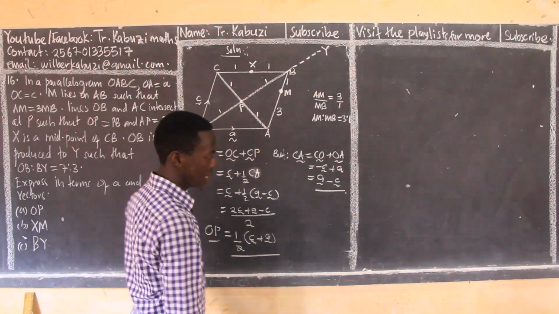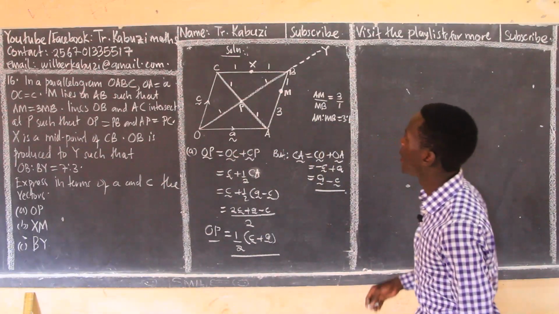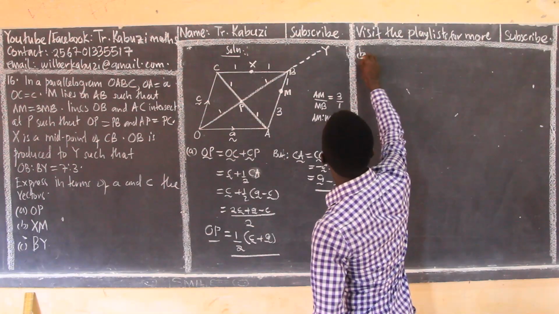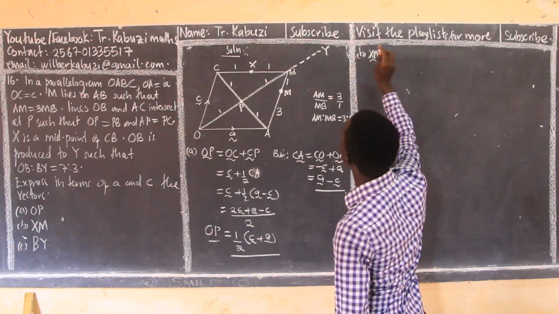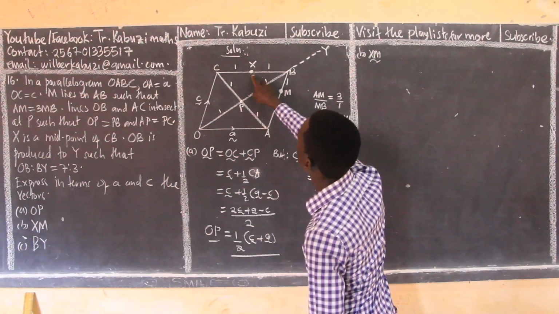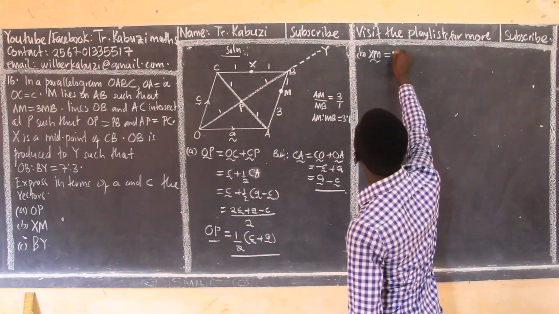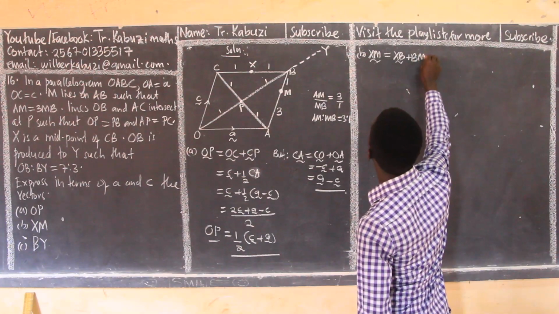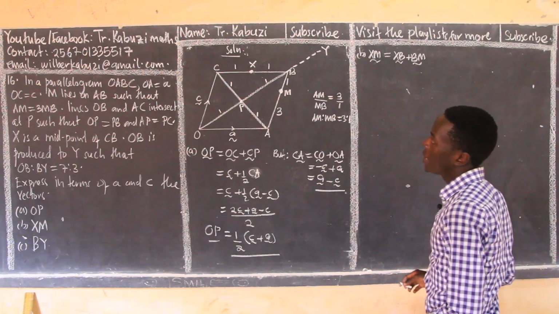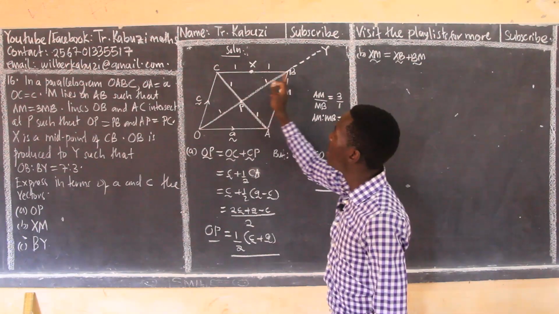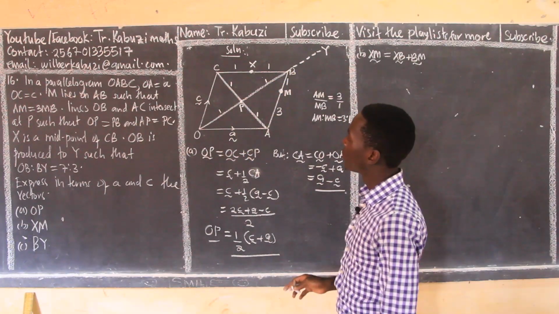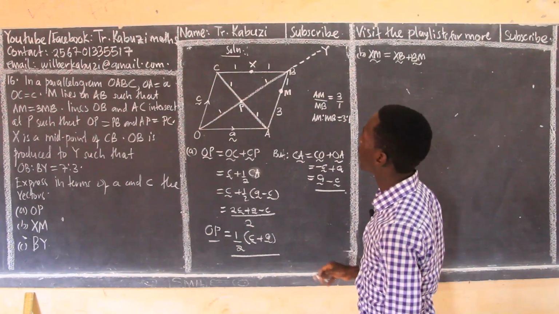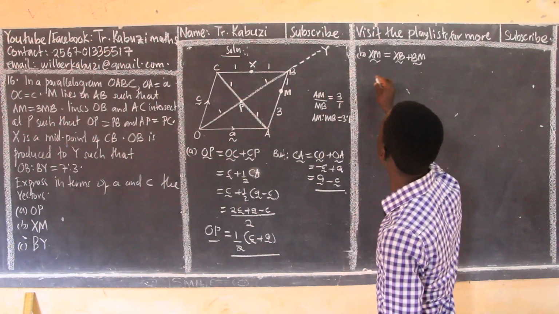So next they wanted me to get XM. I think you can see XM is here. So now my part B, they want me to get XM. XM will be XB plus BM. Now, CB and OC are parallel, so CB is also vector A. But XB is a half of CB.